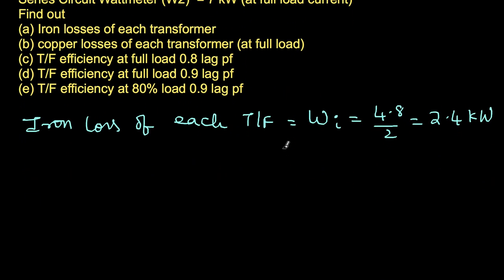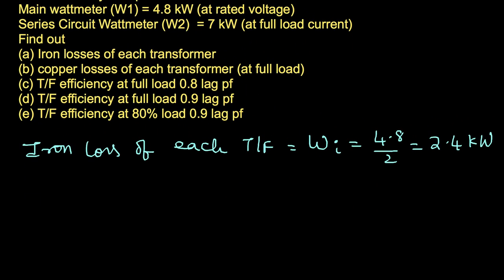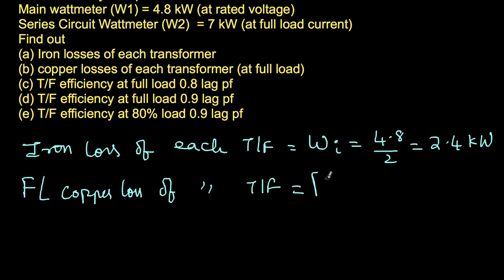So what will be the full load copper loss of each transformer? It is nothing but PCu, which is 7 kilowatts by 2, which is 3.5 kilowatts for each transformer. So the first transformer has 3.5 kilowatts full load copper loss, and the same for the other.